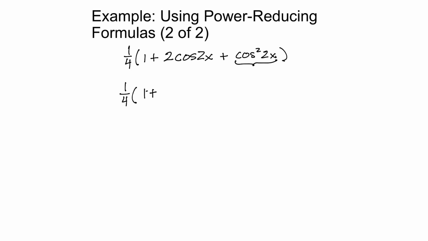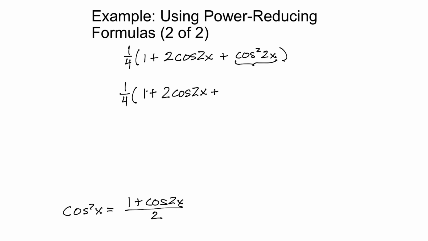Notice how when you do stuff like this, you want to just keep rewriting as much as possible. Do one step at a time. And so we'll apply this again. And let me write this down here, just what the cosine squared x formula was. This was equal to 1 plus cosine 2x over 2.